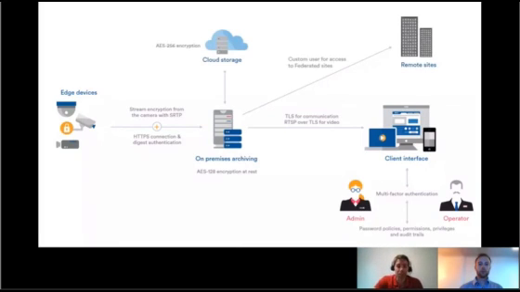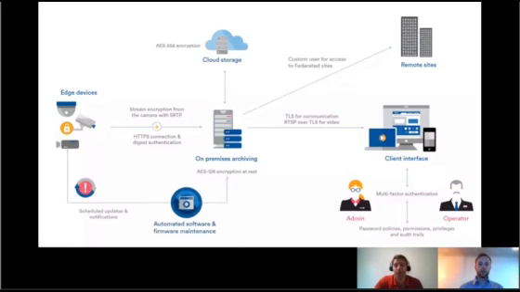Best practice for centralized architecture is to create a custom user to access remote sites. Then, after this, we're going to ensure everything is secure and up to date with automated software and firmware maintenance, with the help of embedded tools like I showed you, or through client certification when an upgrade is necessary.